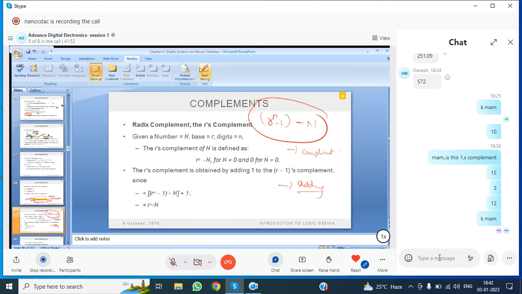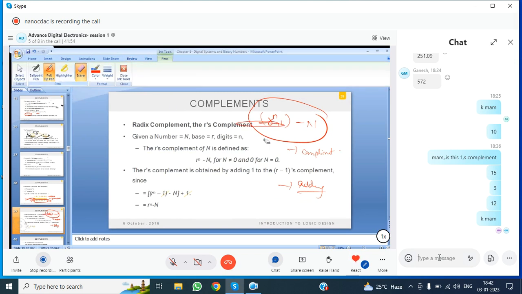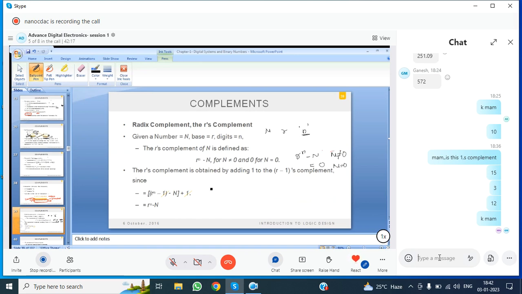But here in radix complement, or r's complement, the number is n, the base is r, and n is the number of digits. It is defined as r power n minus n for n not equal to 0, and it will be equal to 0 for n equal to 0. So r's complement is obtained by adding 1 to the r minus 1's complement.